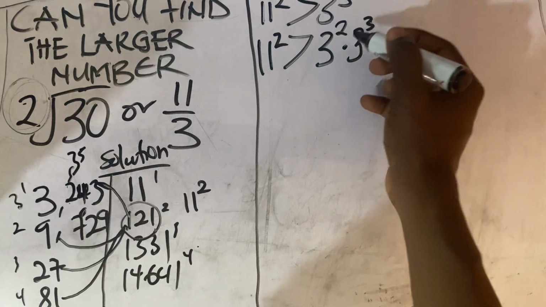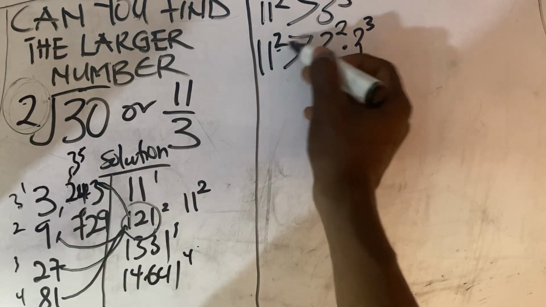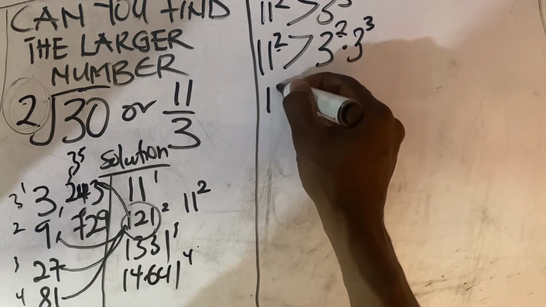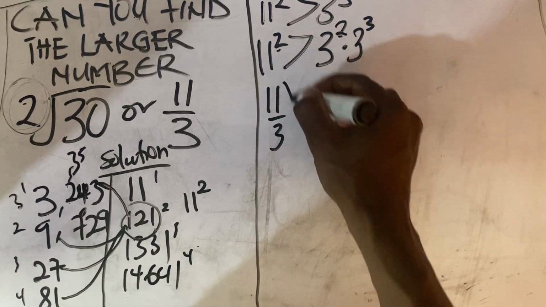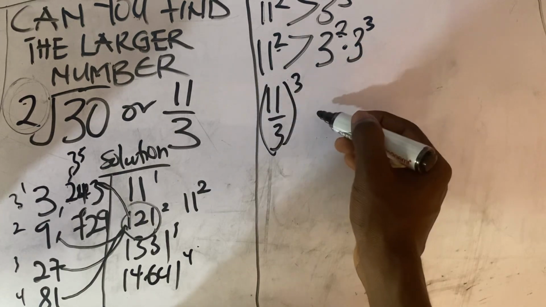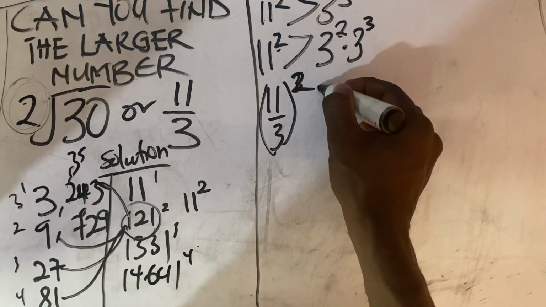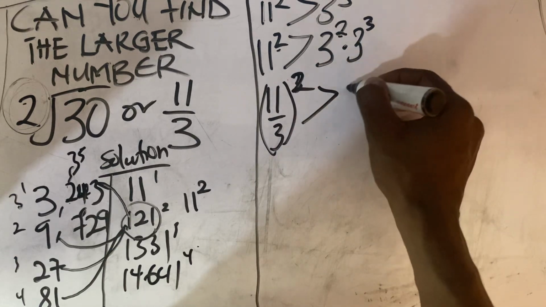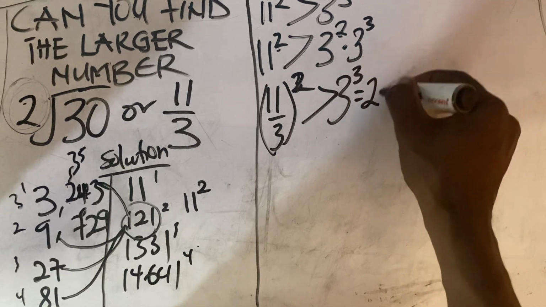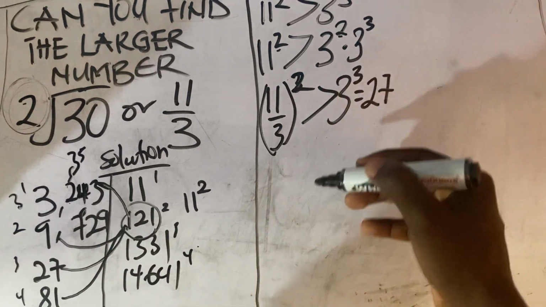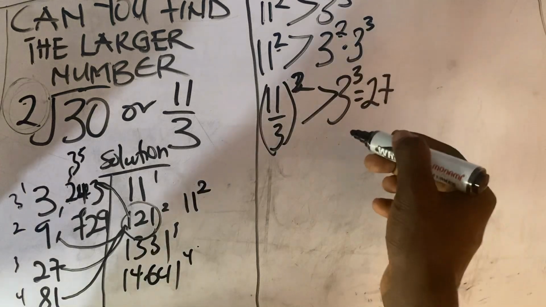Now, because I have the power 2 here, I can bring them together, right? So I have 11 over 3, everything here raised to the power 2, and that will be greater than 3 raised to the power 3 in this case. Remember, 3 raised to the power 3 is 27, which is 3 times 3, 9. 9 times 3 is going to give us 27.